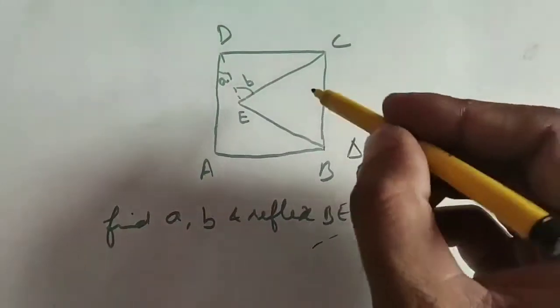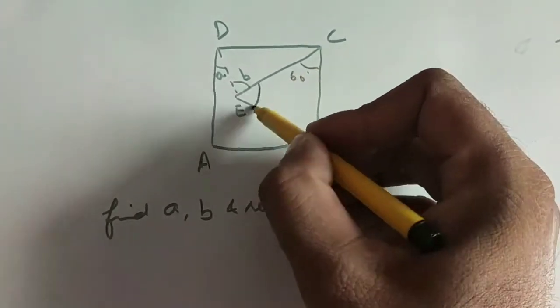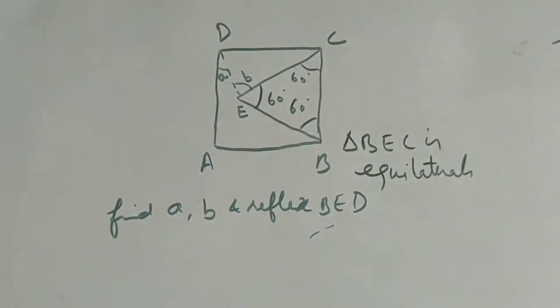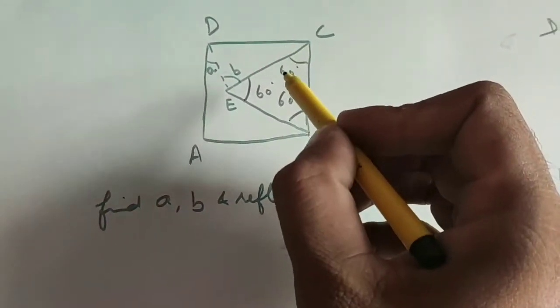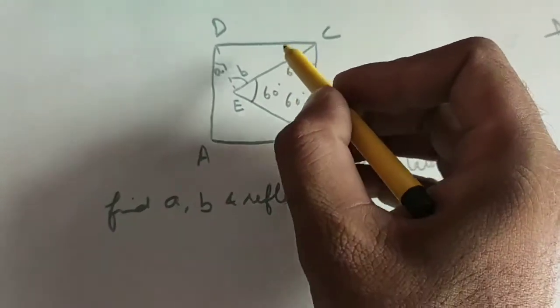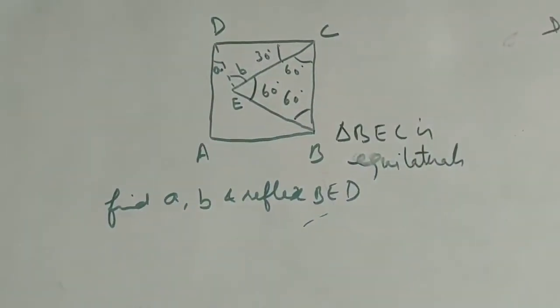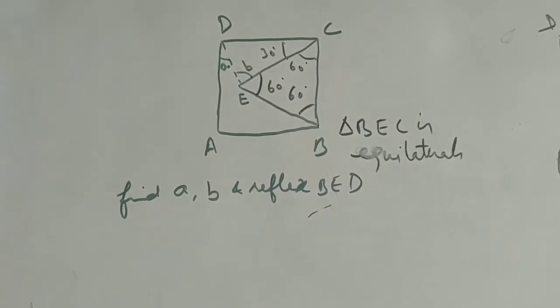Now in this triangle, this is equilateral, so each angle is 60 degrees. So these angles are 60 degrees. And ABCD is a square, so this complete angle C should be 90 degrees. So this remaining part will be 30 degrees.